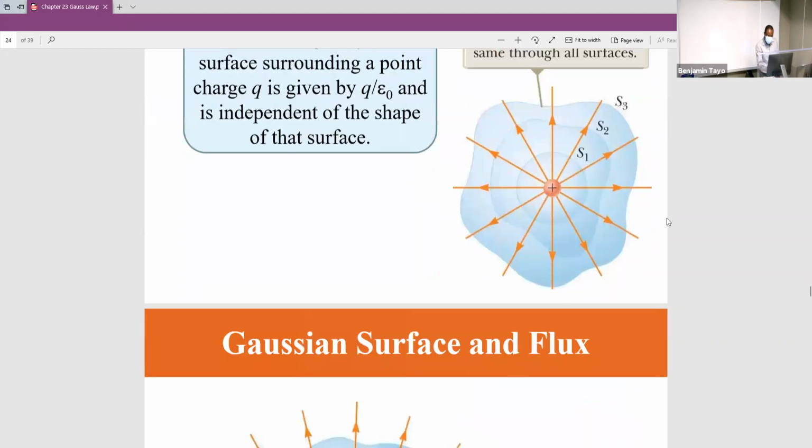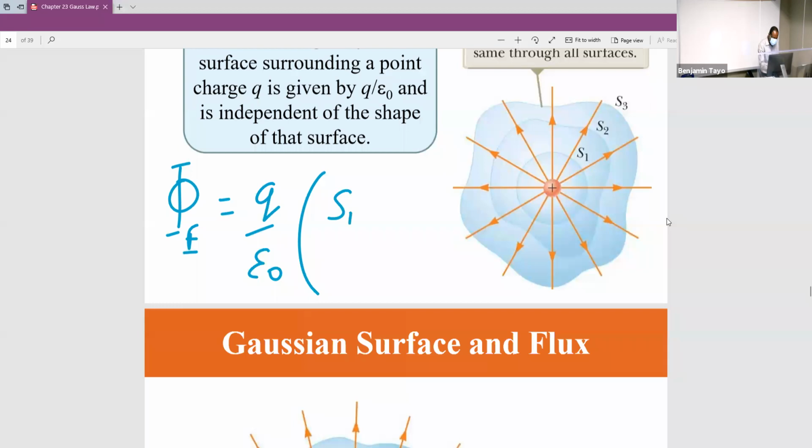If I have a point charge in here and I calculate the flux here, it's always going to be Q over epsilon naught. It doesn't matter if I calculate the flux through surface number 1, surface number 2, or surface number 3.